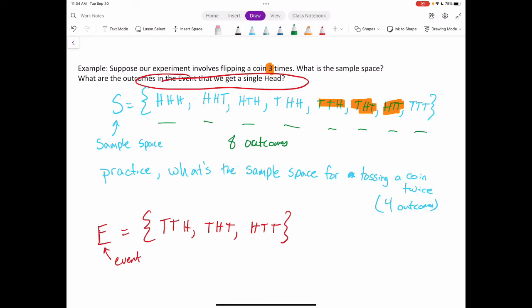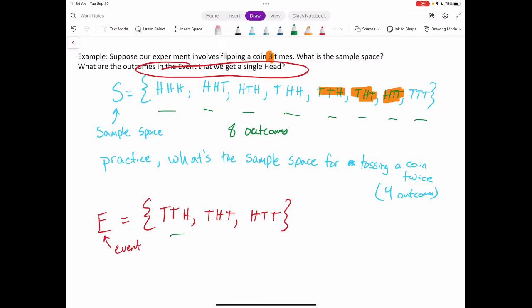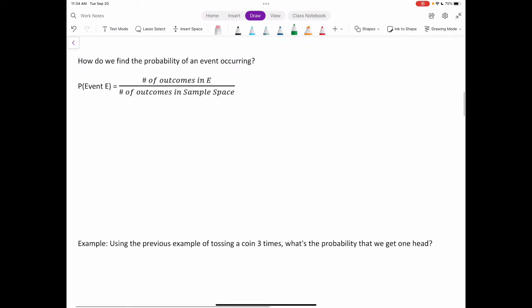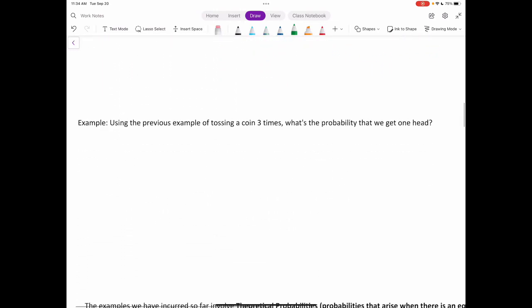And our event, right? Our event had 3 outcomes. So the probability of event E, for our particular example, is going to equal the 3 outcomes that were in event E divided by the 8 total outcomes in the sample space. So there's a 3 out of 8 chance that we do something in event E.